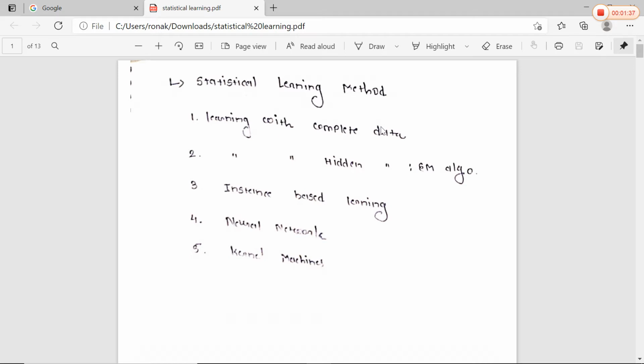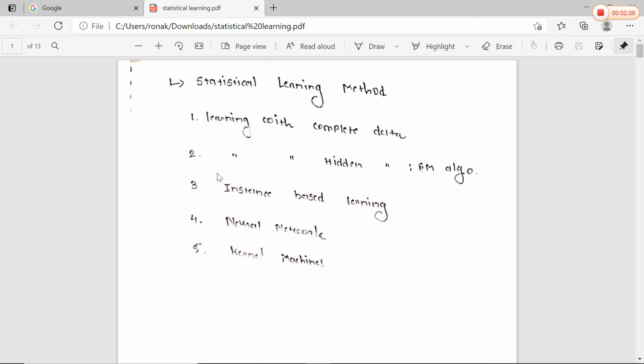When we have hidden data, that means we have uncertain data. When we have complete data, that means if we have a table with 5 columns, 7 columns and 5 rows, but all columns and all rows are filled by some value or detail.